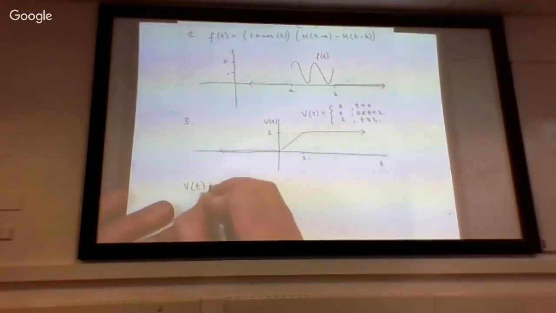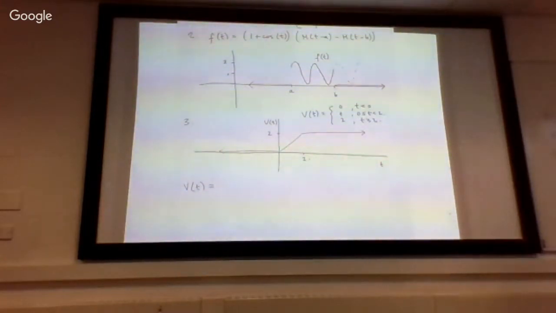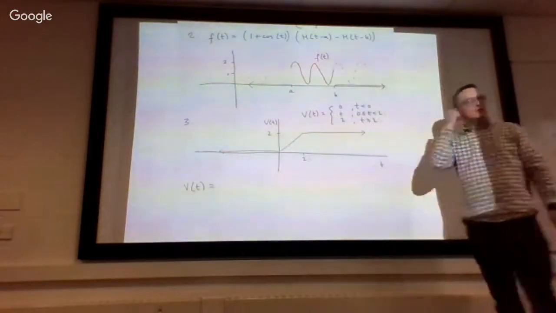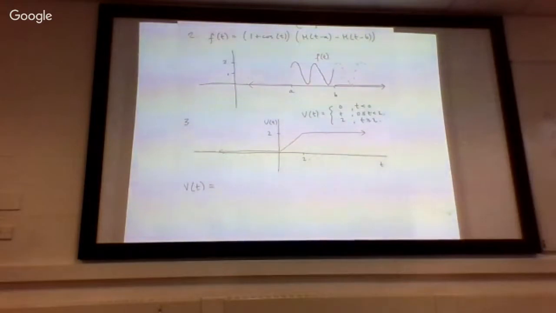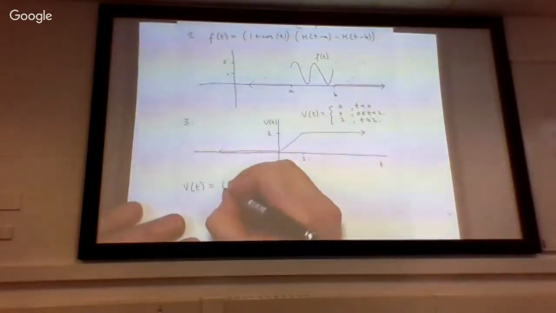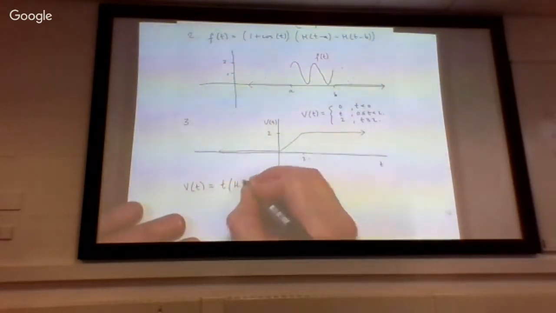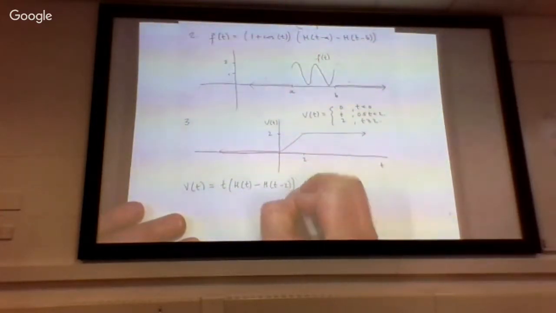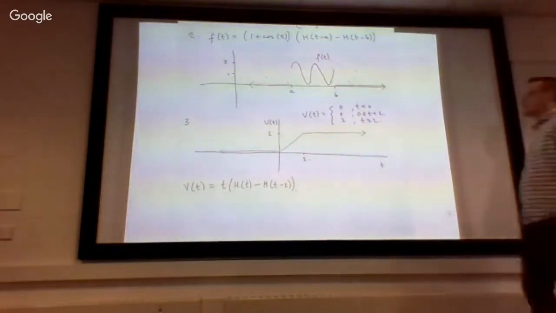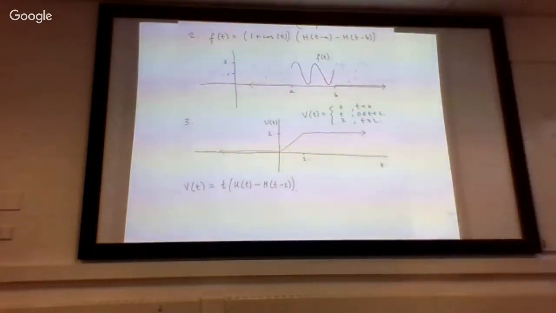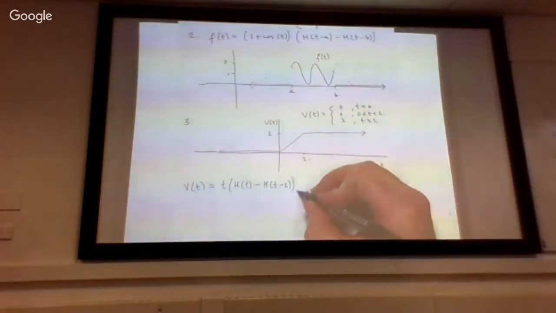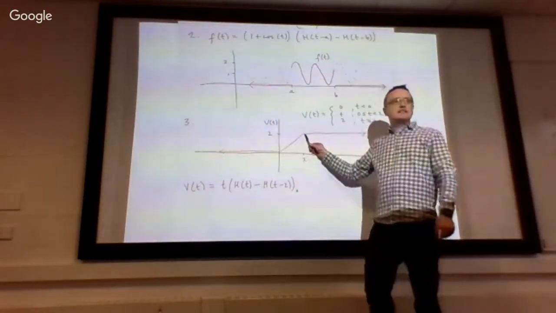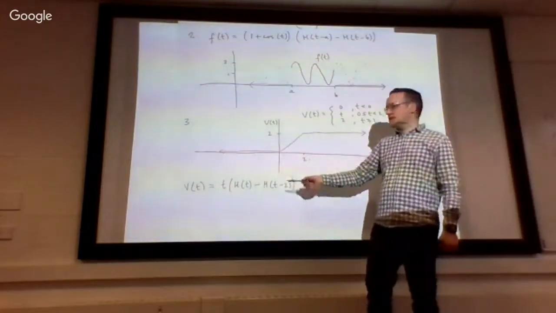Well, we don't have to worry too much about the negative values, but between 0 and 2, it's equal to the value t. So we just use our previous example. I automatically did a full stop there. Let's cross out that full stop. So I'm not finished. But this bit, the ramp bit, is represented by this combination of Heavisides.